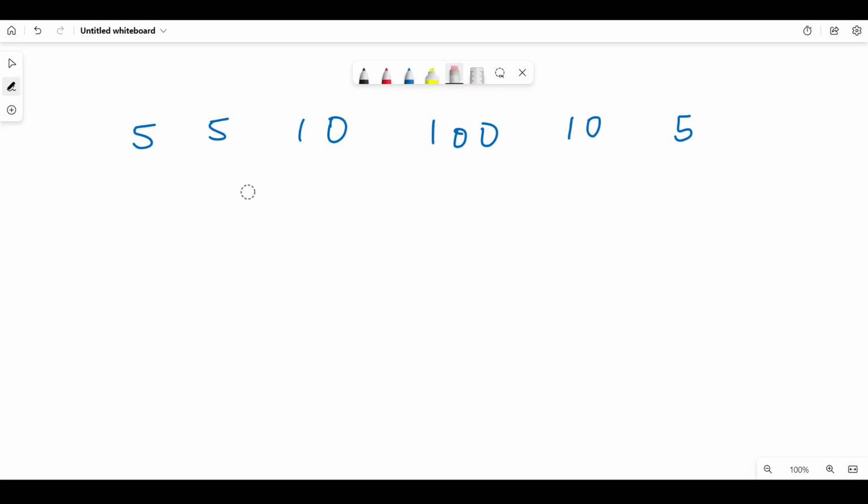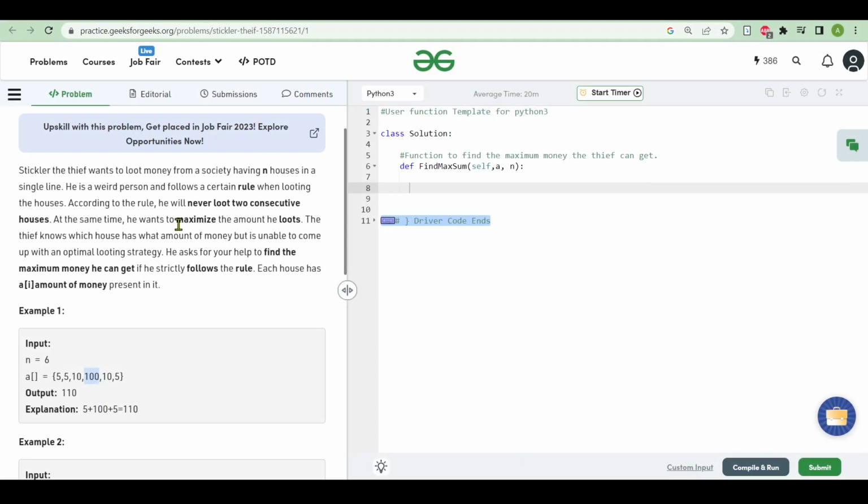I'm going to traverse it from one side, from the starting here, and I will calculate the maximum amount of money he can loot till a certain house. And in the problem, we have to maximize the amount he loots.